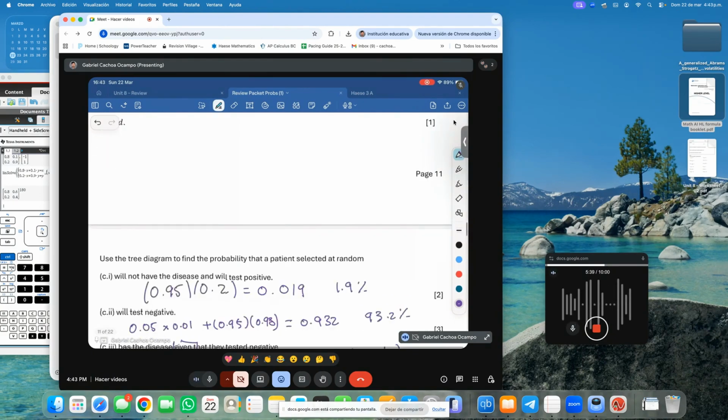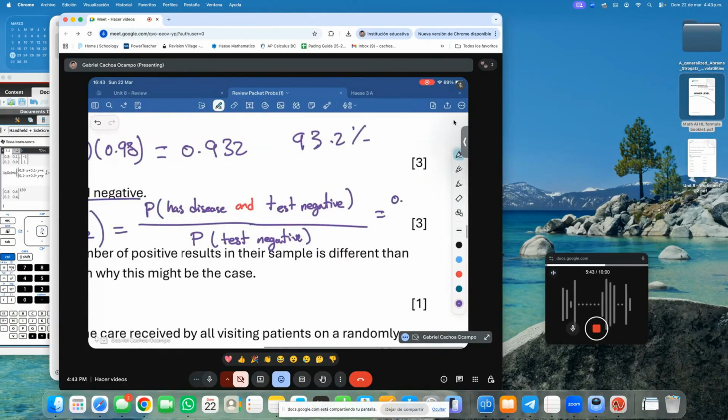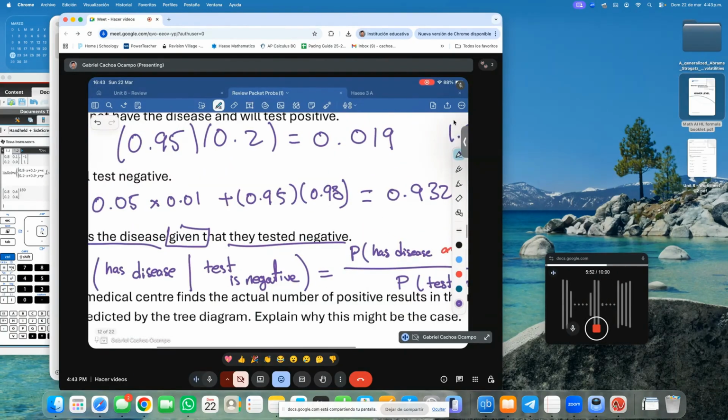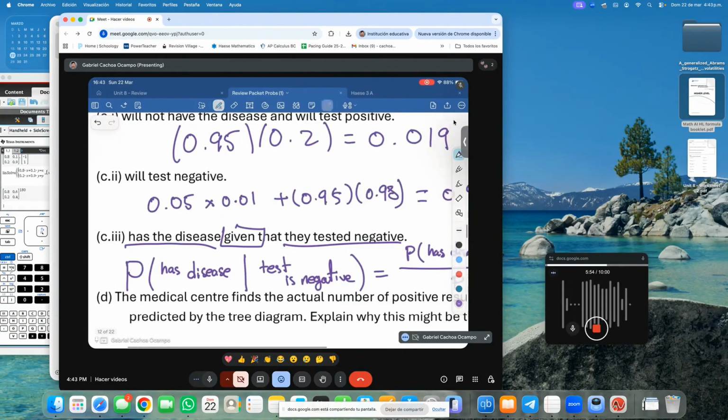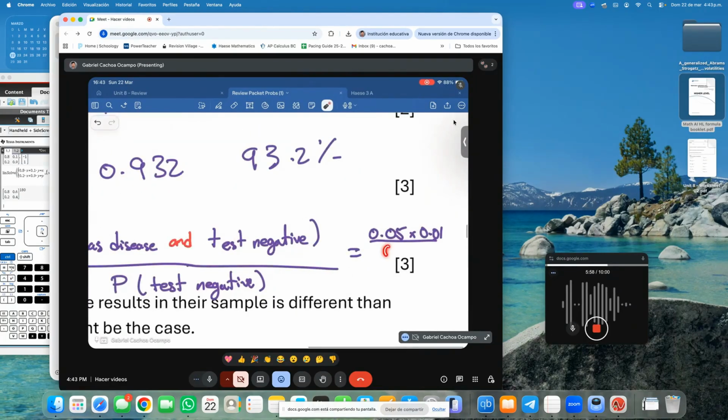So that is 0.05 times 0.01, divided by what we calculated here, the probability to test negative, which is 0.932.